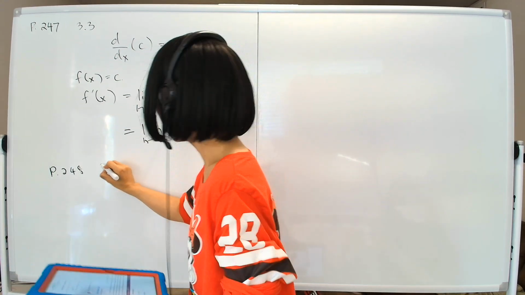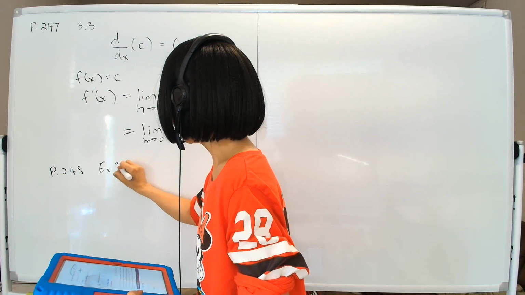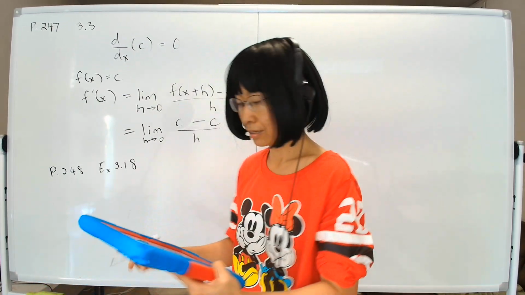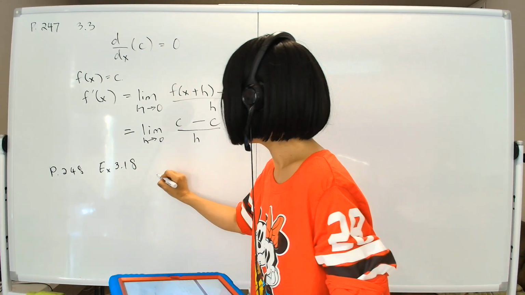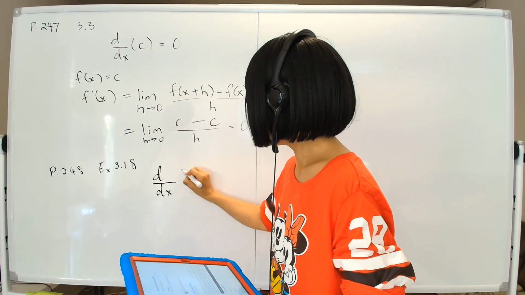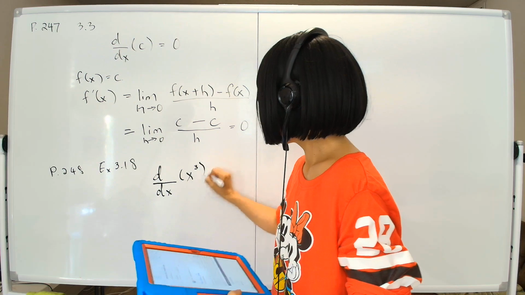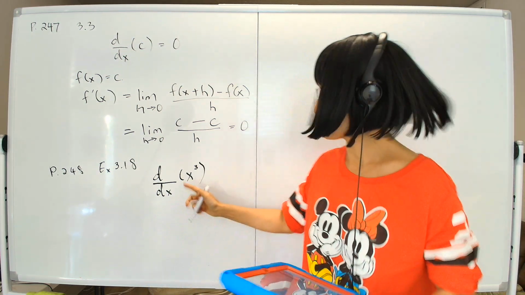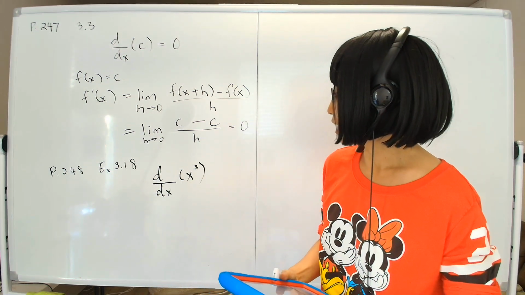We're going to take the derivative d by dx of x cubed. So notice that we want to go back to using this formula.